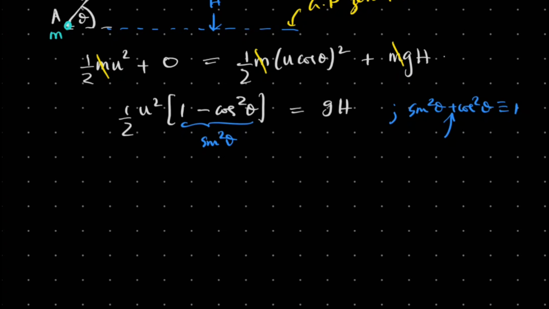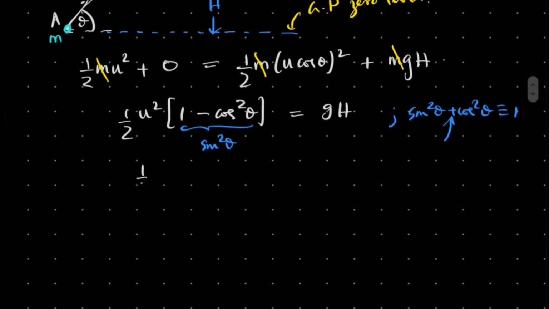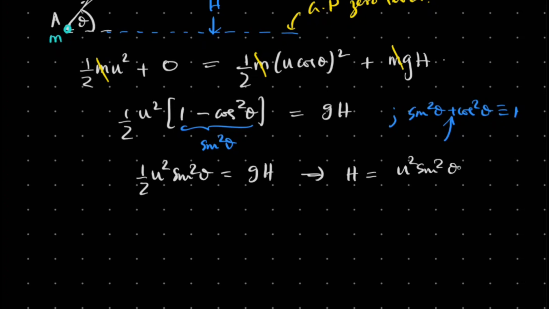So if I use that result here, I get half u squared sine squared theta equals gh, which gives us our answer to H as u squared sine squared theta over 2g.